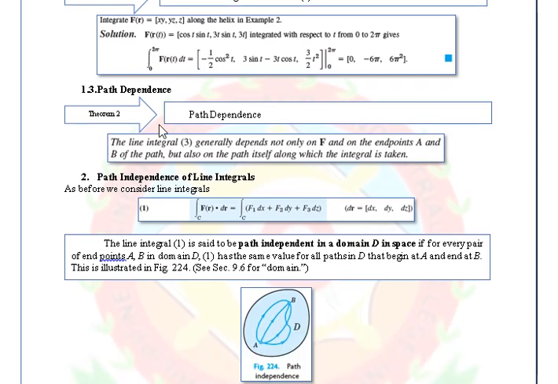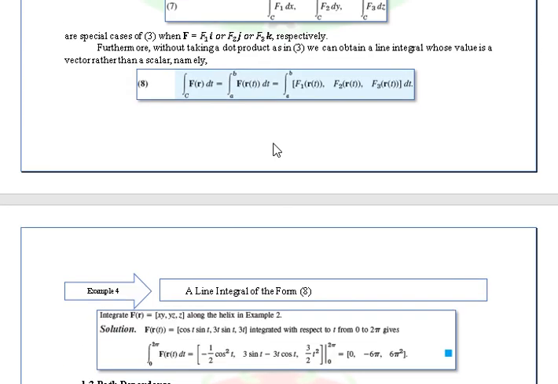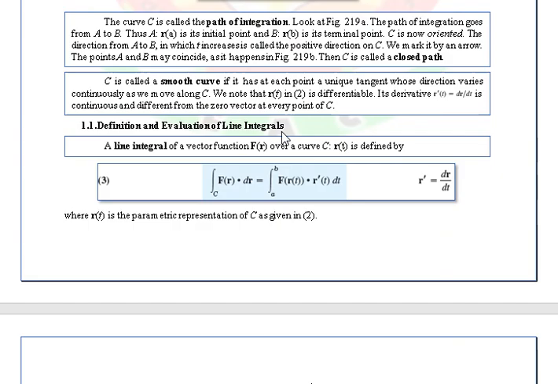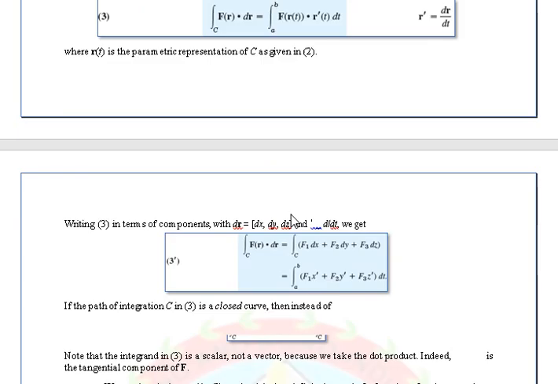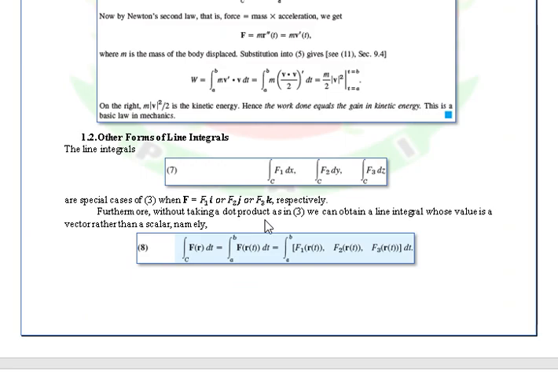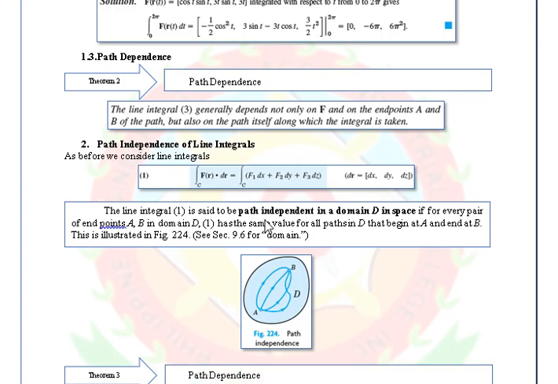So we have here an important theorem. These are the properties or theorem that tend to define the path, the line integral. So it says here that the line integral 3, our equation number 3, let me show it again to you, this one. Based on this theorem, the line integral generally depends not only on the function f and on the endpoints a and b of the path, but also on the path itself along which the integral is taken.